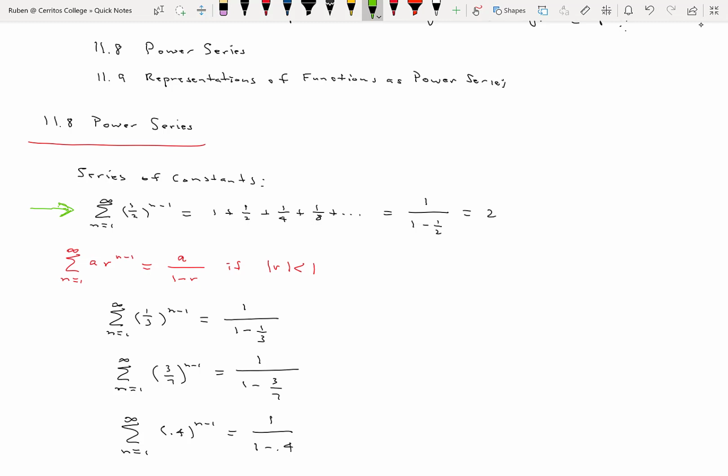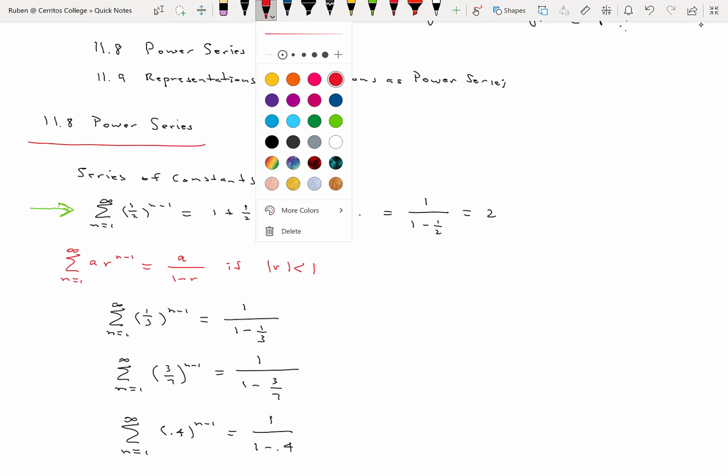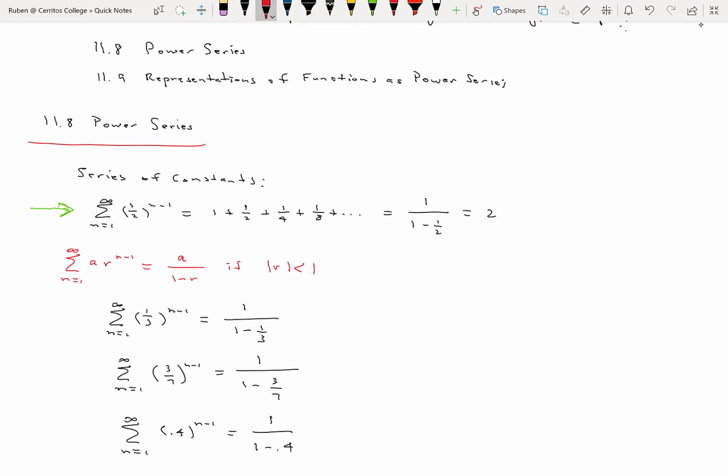The reason is reviewed right below on the next line. In red we have a general geometric series. A general geometric series looks like the sum of a r to the n minus 1, and that series converges to a over 1 minus r if the absolute value of r is less than 1.